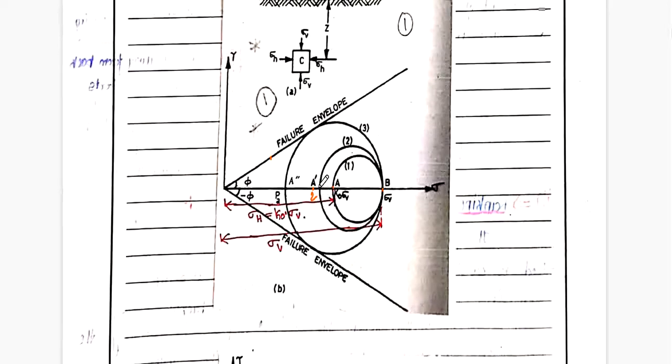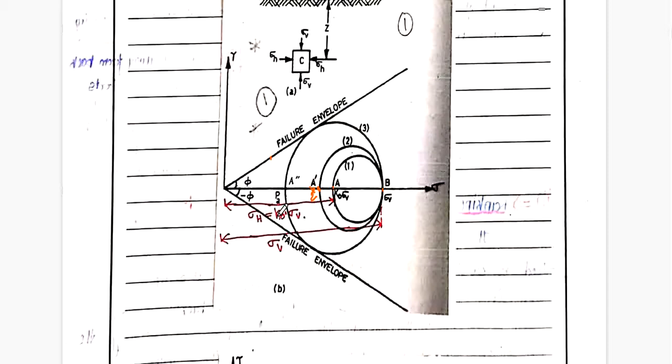So this is the second point, not this one, this is the second point. So sigma h has reduced.